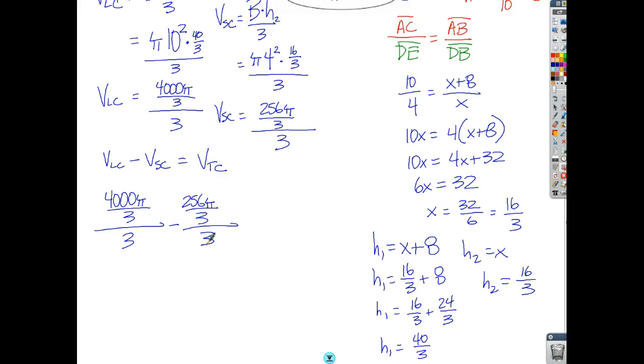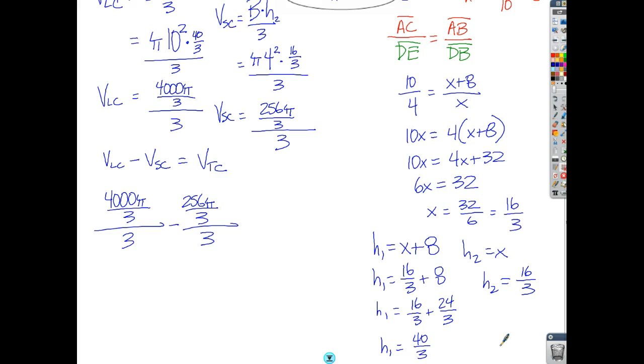Now notice these denominators are the same, right? So I can take the numerator of this and subtract the numerator of this. So we've got 4,000 pi over 3 minus 256 pi over 3.